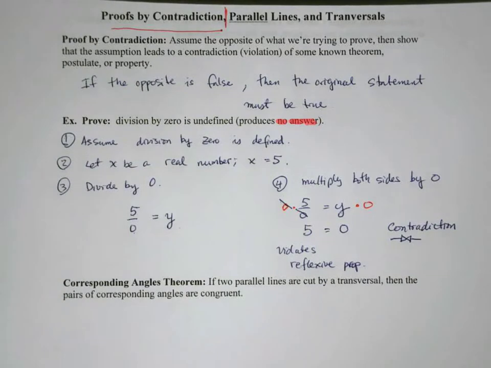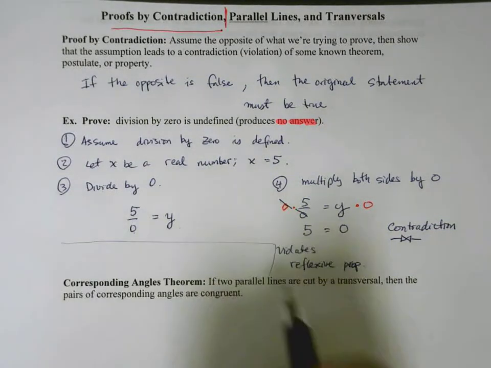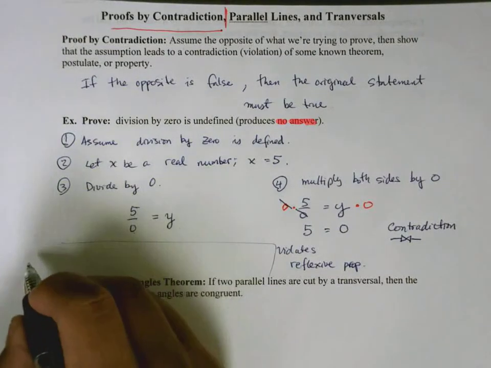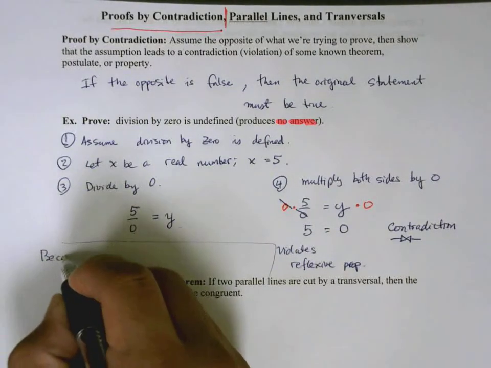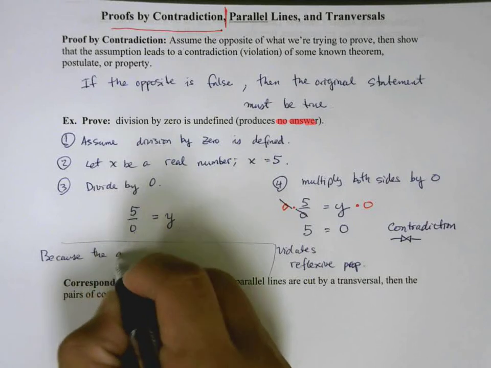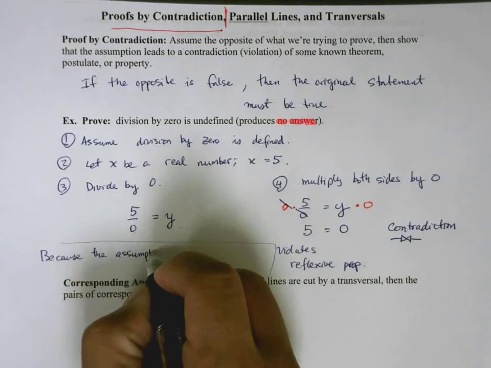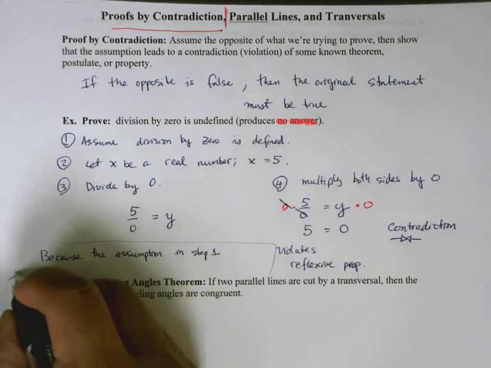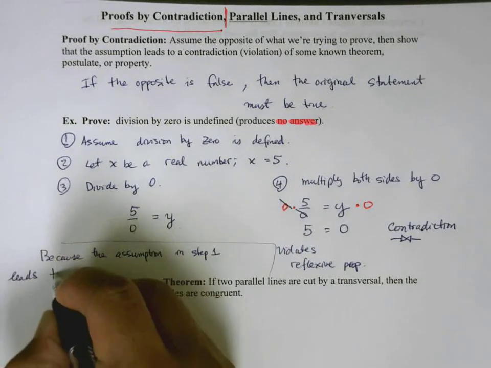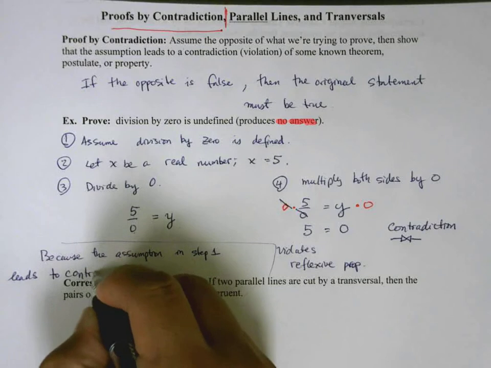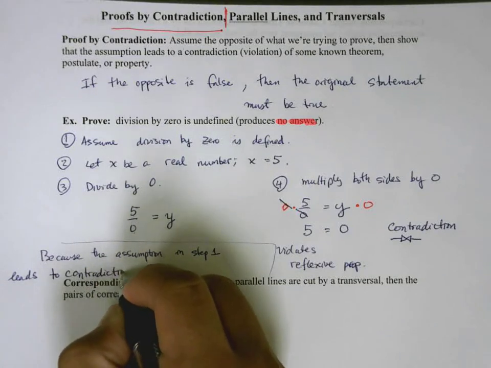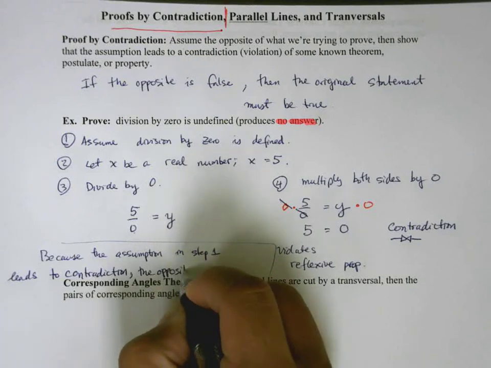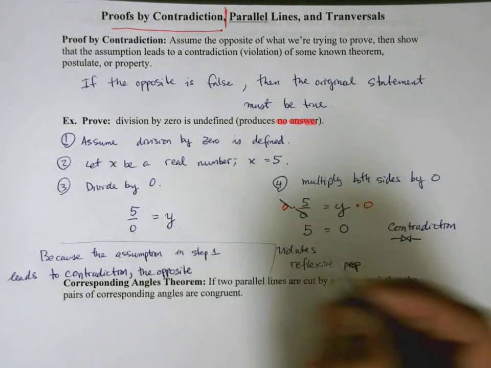So I'm going to write the last part over here. Sorry, this is a little bit all over the place, there's not a lot of space here. But because the assumption in step 1 leads to a contradiction, the opposite of the assumption must be true.